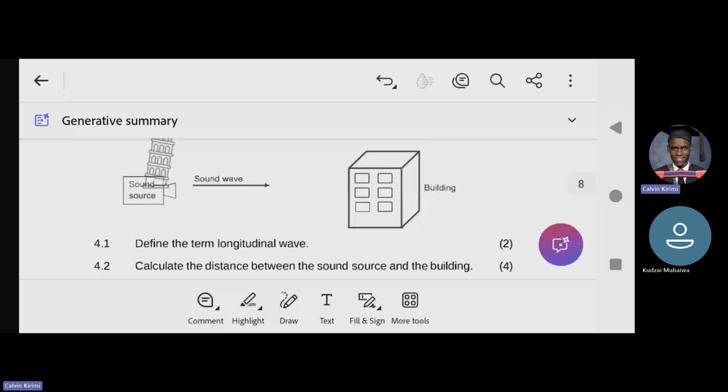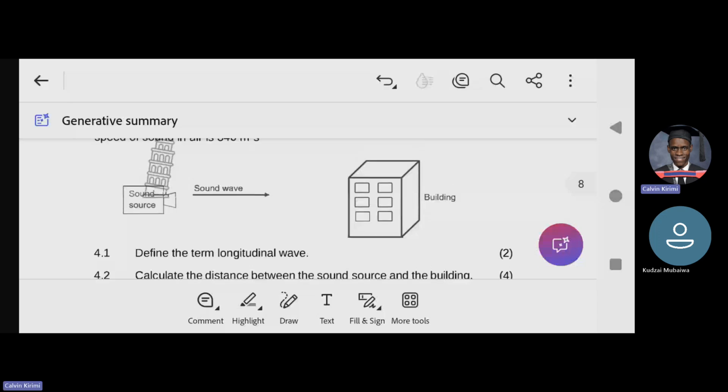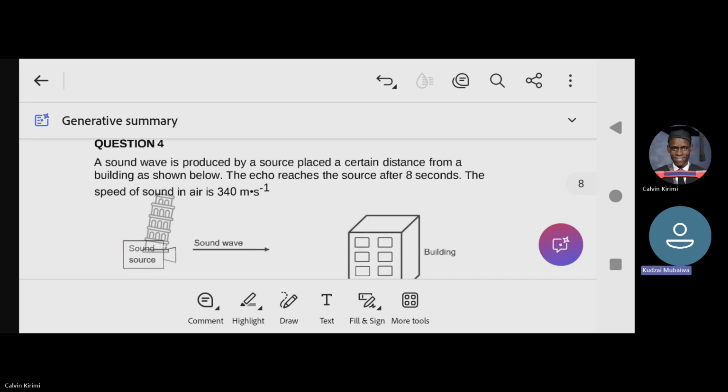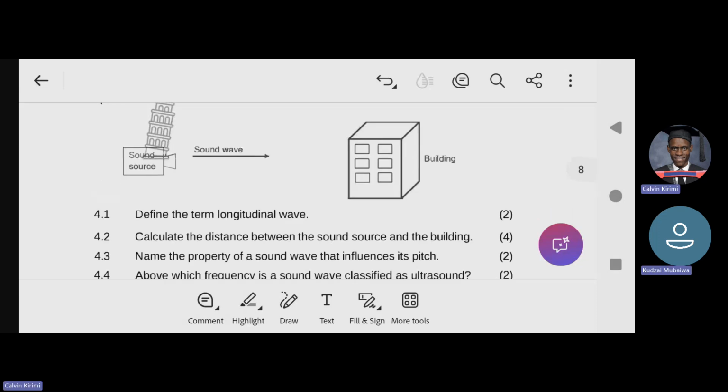So the distance, we are not given. The echo reaches the source after 8 seconds. And we are told that the sound wave is produced by the source. Then we want to calculate that distance.